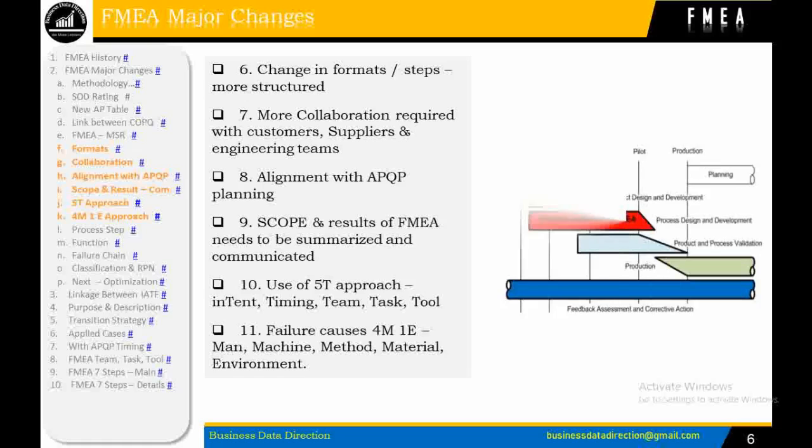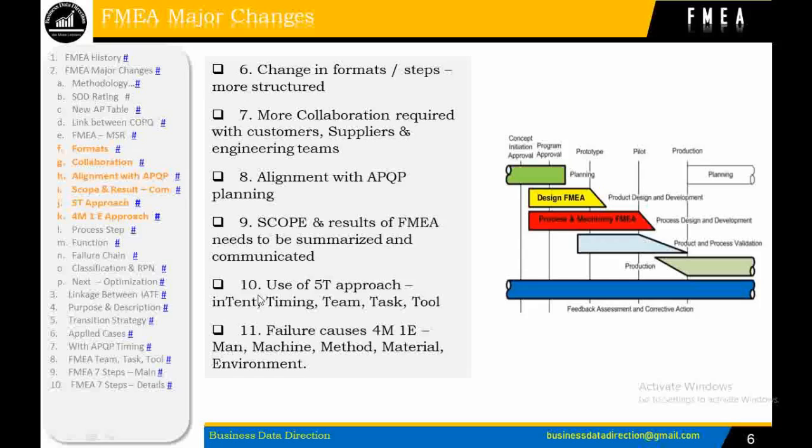The 8th major change is the linkage with advanced product quality planning. The 9th major change is that the scope and result of FMEA need to be summarized and communicated to top management.